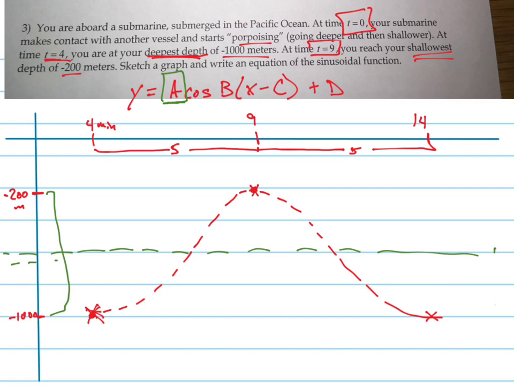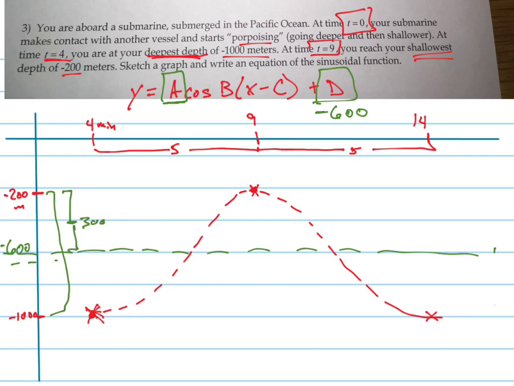What's half of 800? It's 400. So what's 400 away from negative 200 in the negative direction? Negative 600. So negative 600, actually, that tells us D. This is negative 600. That told us D.